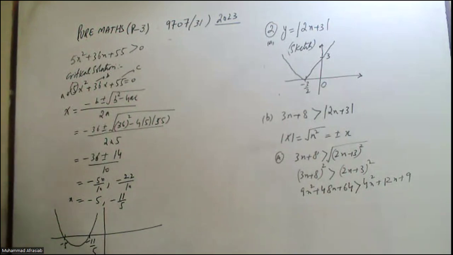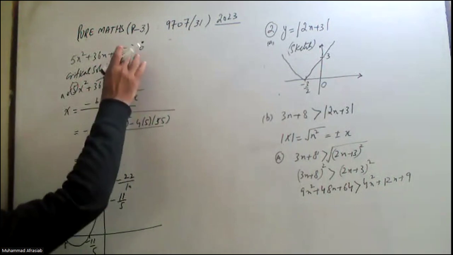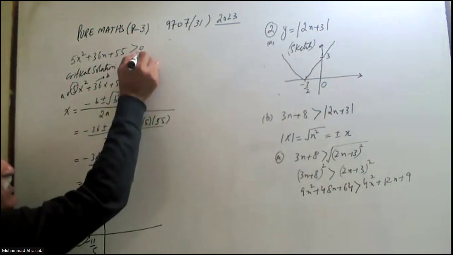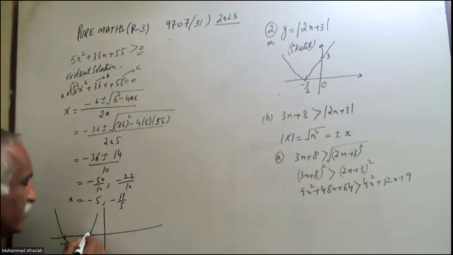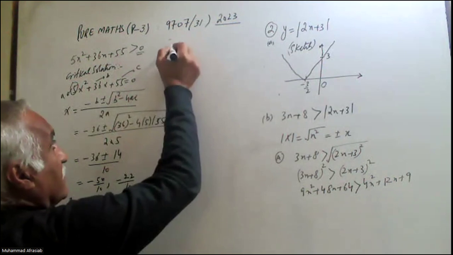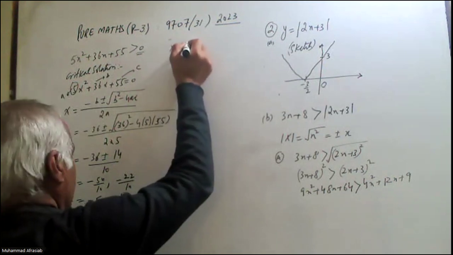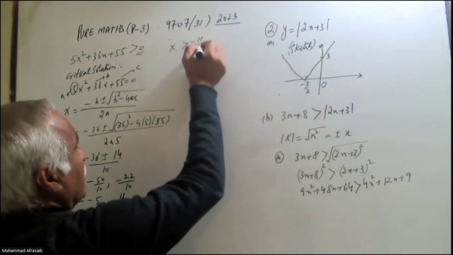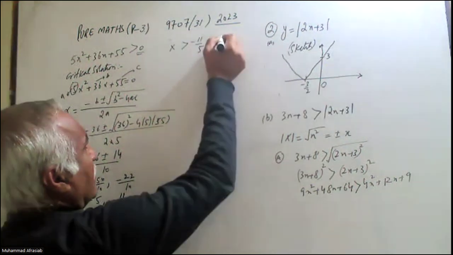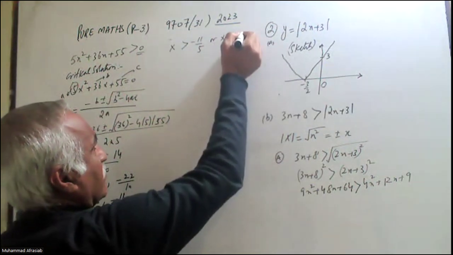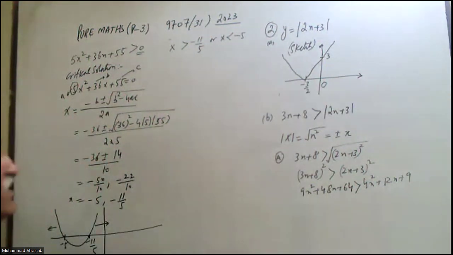Now it is required to be greater than 0, that means positive. So after this value it is positive, and before this value it is positive. So you have two answers here: x greater than minus 11 over 5 or x less than minus 5.